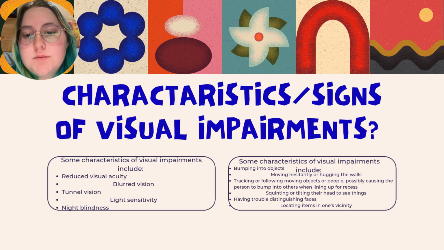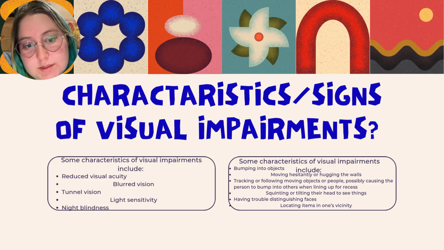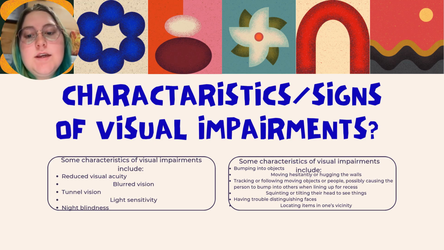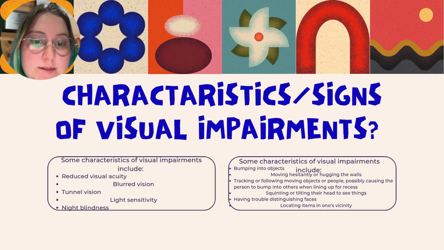So for some characteristics of visual impairments, there's reduced visual acuity, blurred vision, tunnel vision, light sensitivity, night blindness.